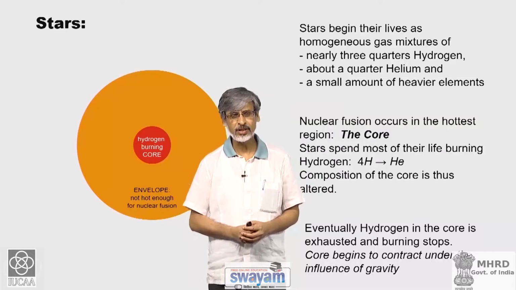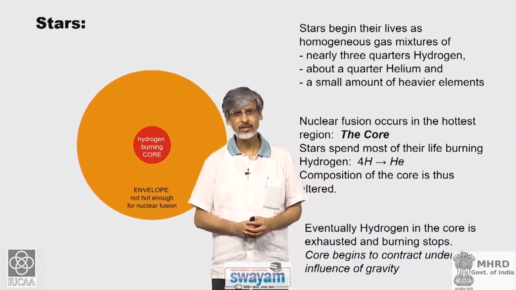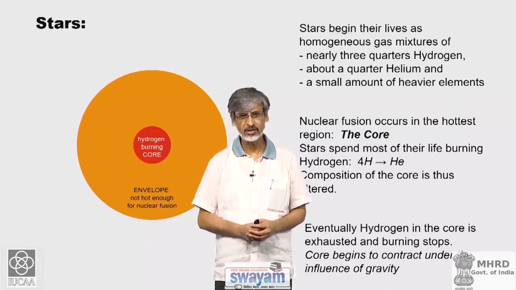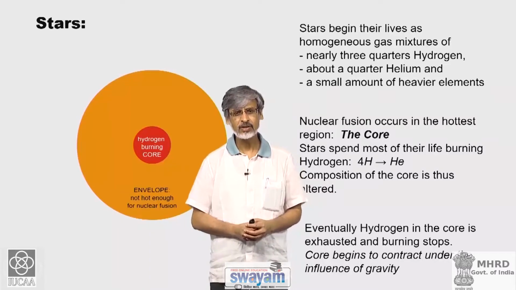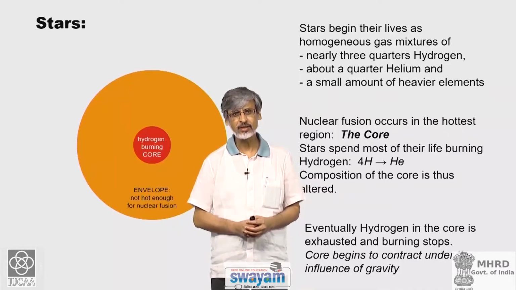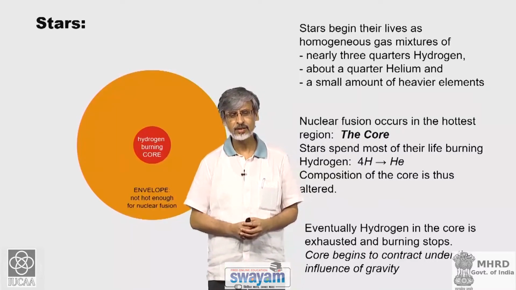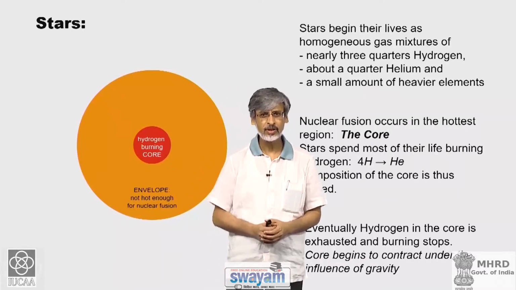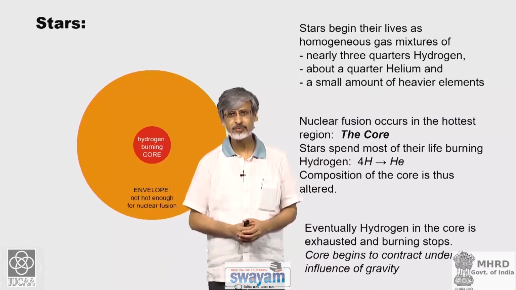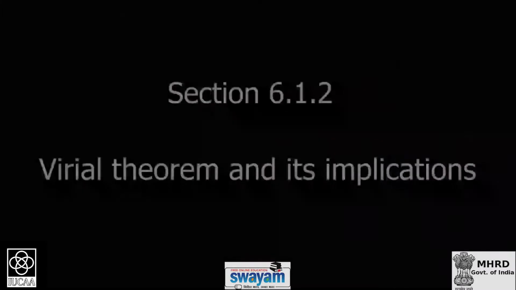As it dries up, the equilibrium is disturbed. So, in the core there is no more energy supply, but there is energy lost from the surface. So, the star begins to contract, particularly the core begins to contract rapidly under the influence of gravity.